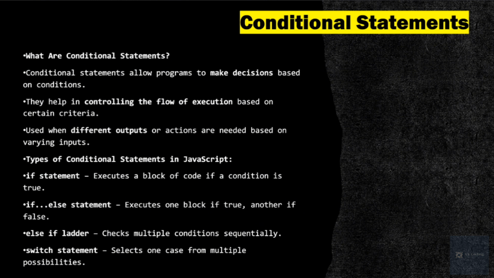We have the else if ladder, which checks multiple conditions sequentially. And the last thing we are going to learn is the switch statement, which selects one case from multiple possibilities.